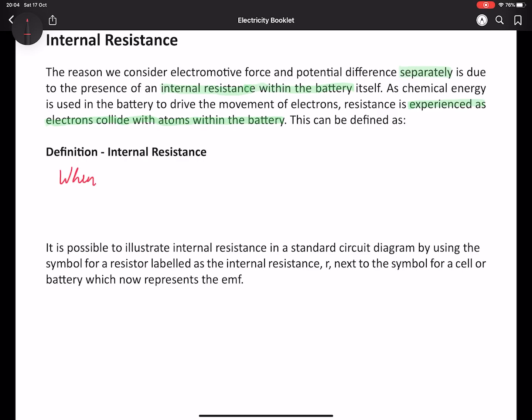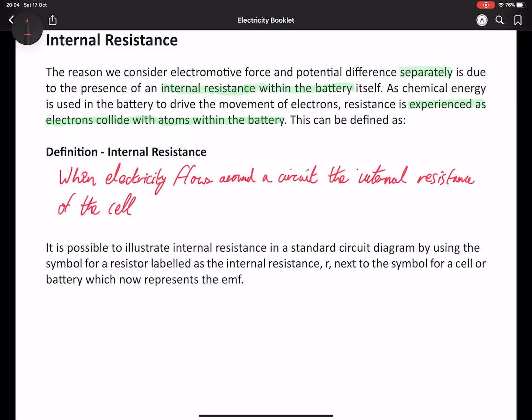So to define this, we can very simply state that when there is an electrical flow, or when current flows, same thing, as the electricity flows around a circuit, the internal resistance of the cell is essentially represented by the heating effect of that cell.